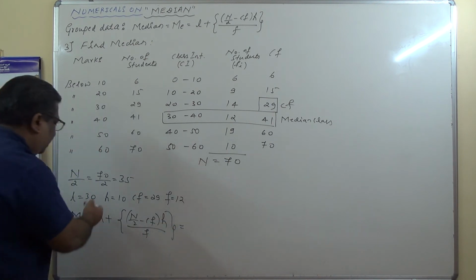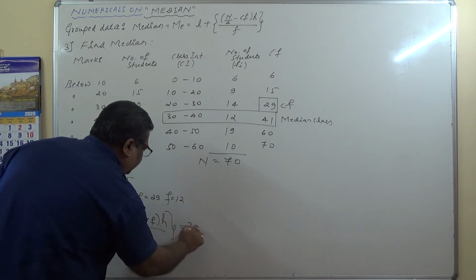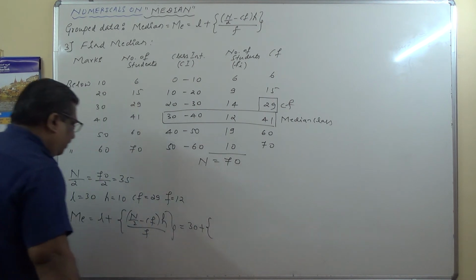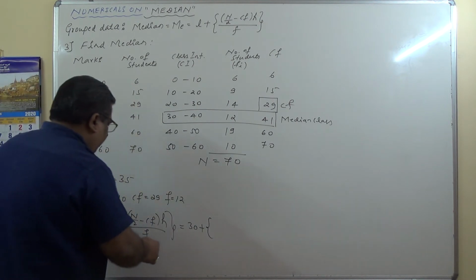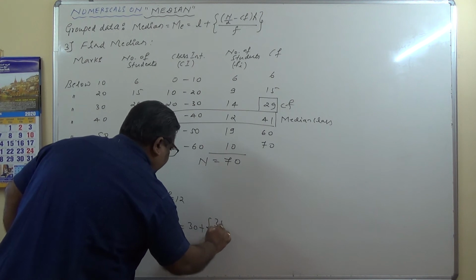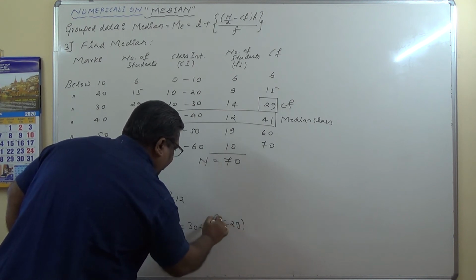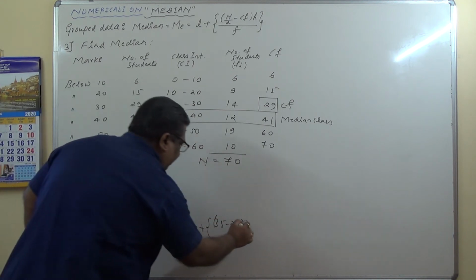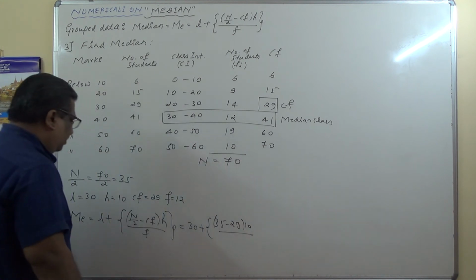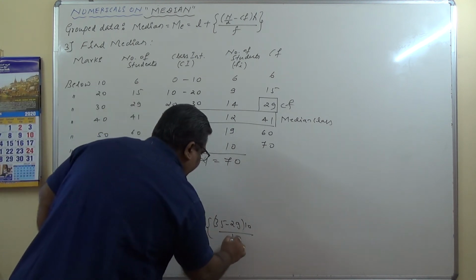L is 30 plus, in brackets, n by 2 is 35 minus 29, into H, H is 10, and divided by the frequency, which is 12.